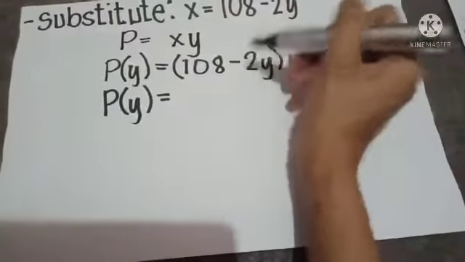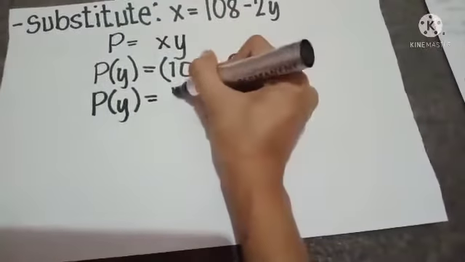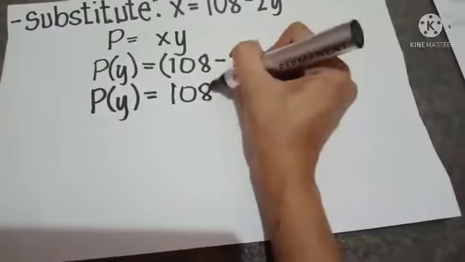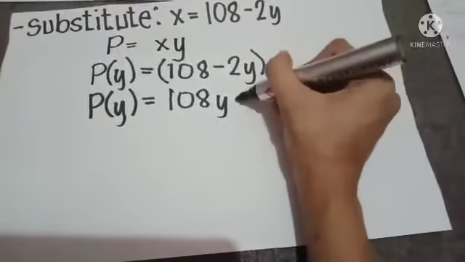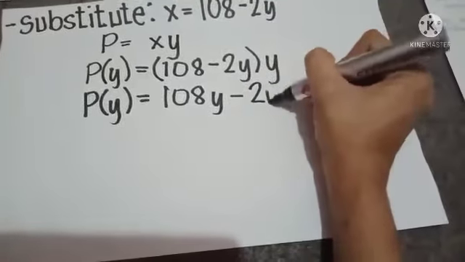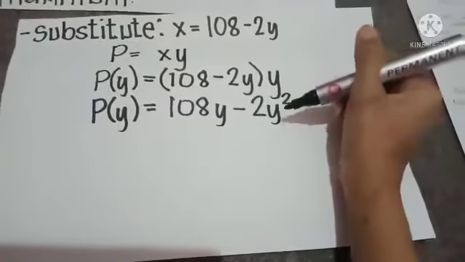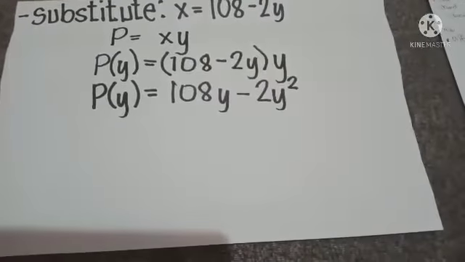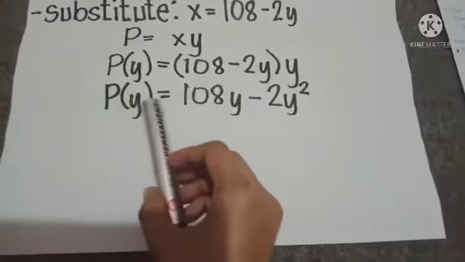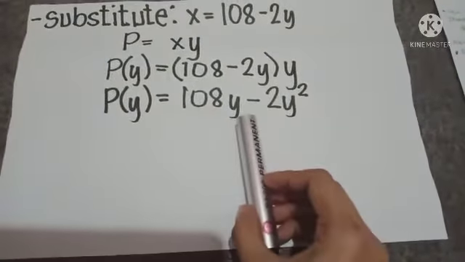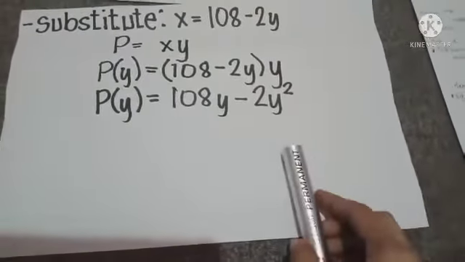Distribute the y: 108 times y is 108y. Negative 2y times y is negative 2y squared. Therefore, we express the product of the two numbers as the function p of y equals 108y minus 2y squared.